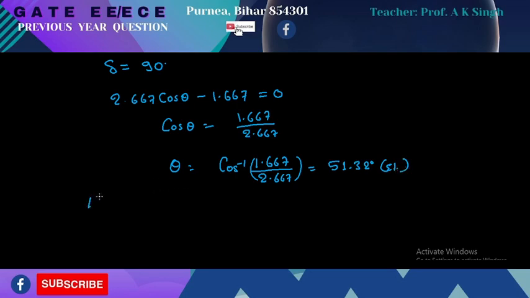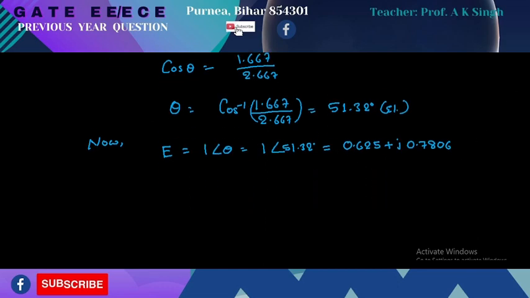Now this E, the terminal voltage of the generator, is equal to 1 at an angle theta, that is 1 at an angle 51.32 degrees. If you write this in rectangular form, we get 0.625 plus j0.7806.